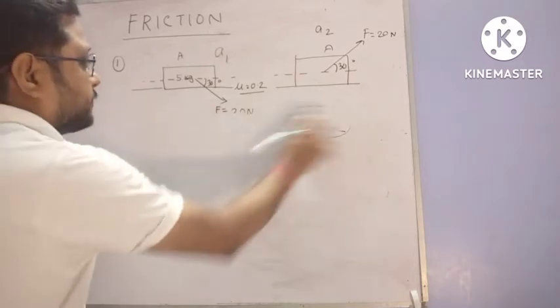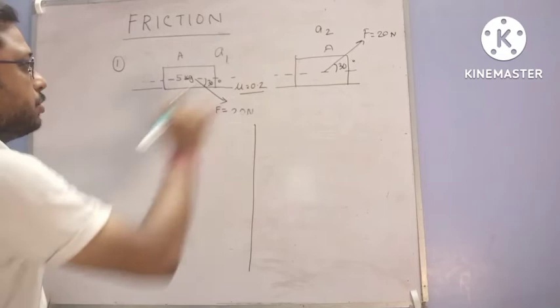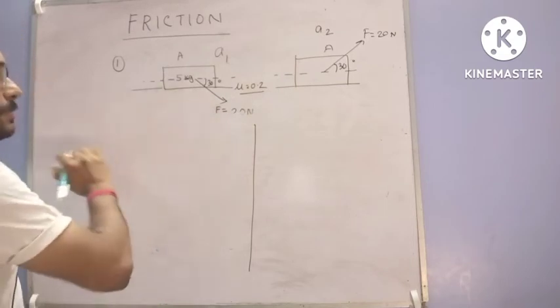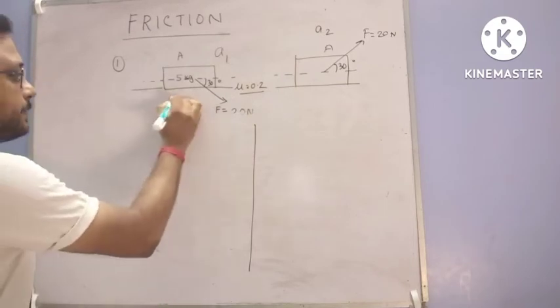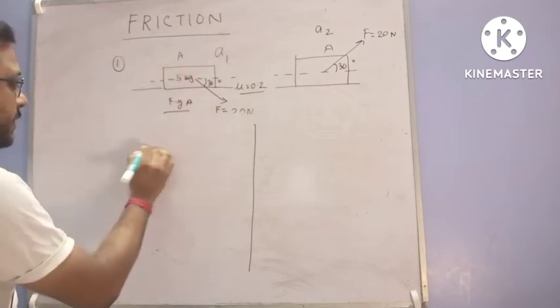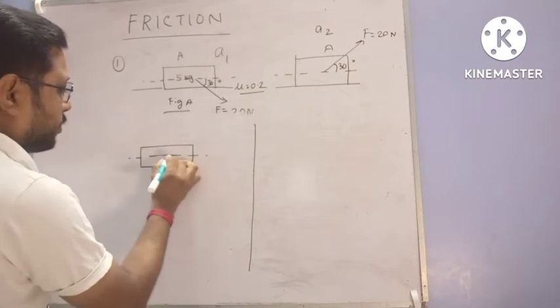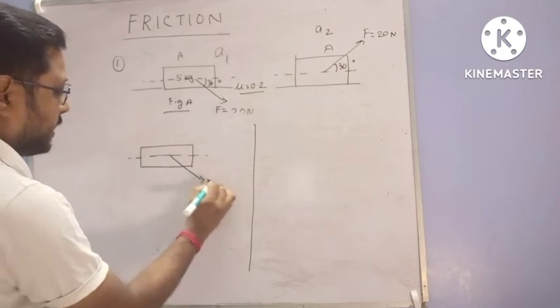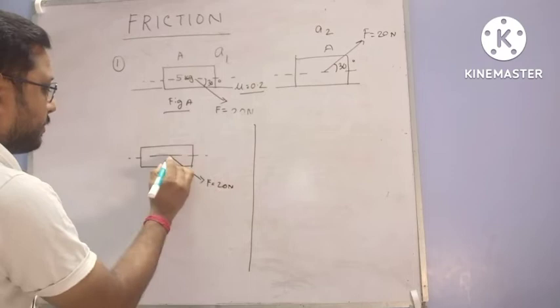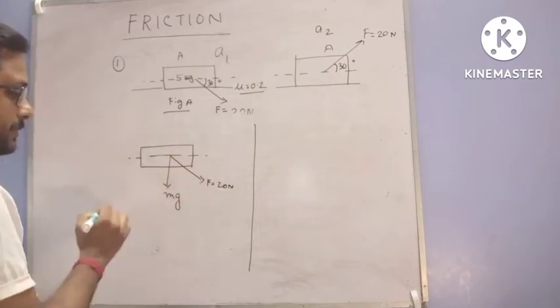At first, we can draw the free body diagram of the two. For figure A, if we draw the free body diagram, this is the mass of the block, and this force is F equal to 20 Newton. The weight is acting downwards.